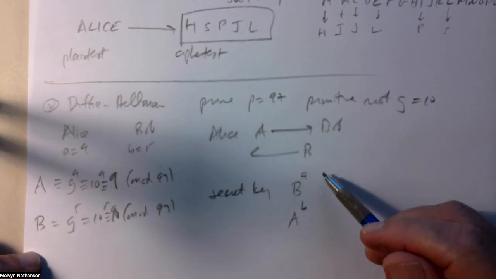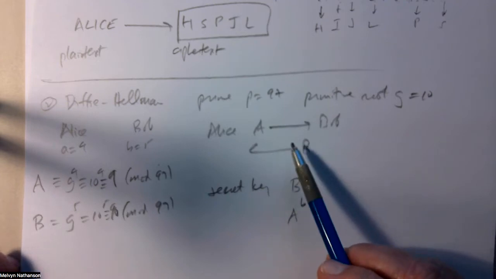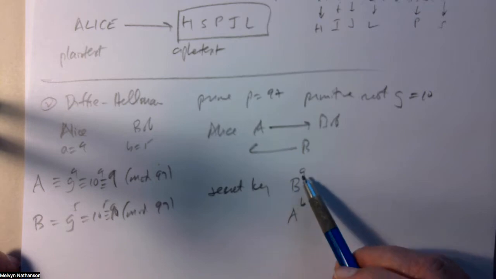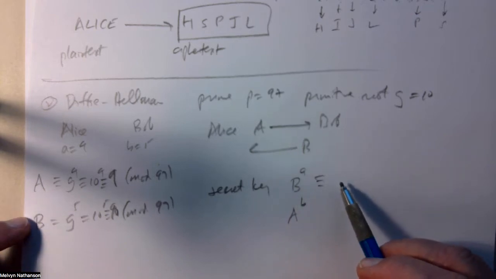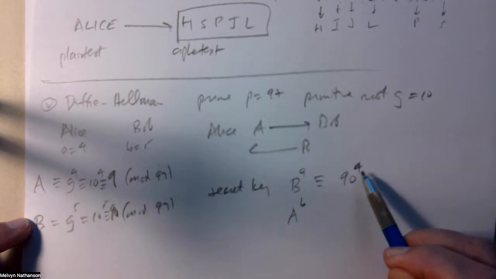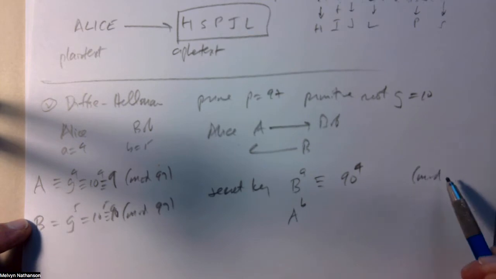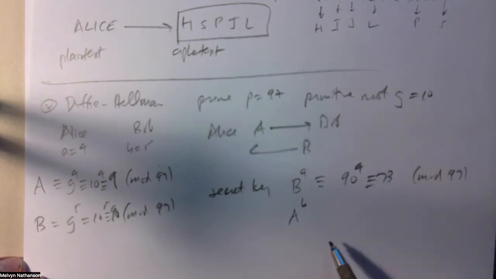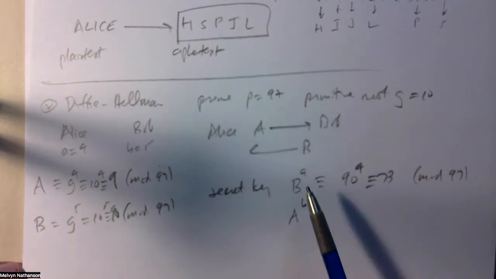So the secret key, Alice gets the number B from Bob, capital B, raises it to the power A. So this is 90 raised to A equal to 4, and reduces that mod 97. Let's see. And what is 90 to the 4th power? Mod 97, that's 73. And Bob should get the same result.